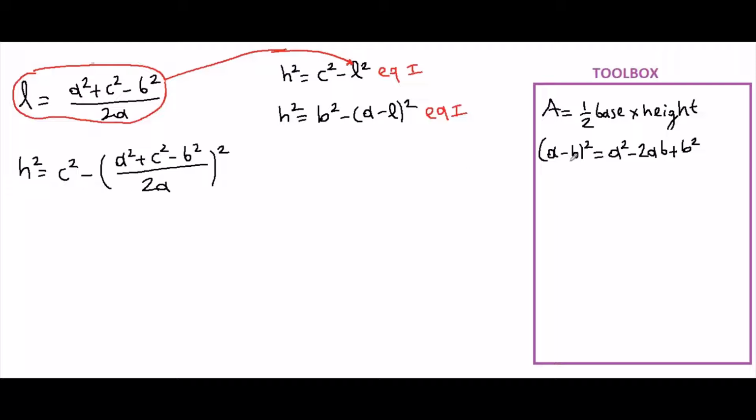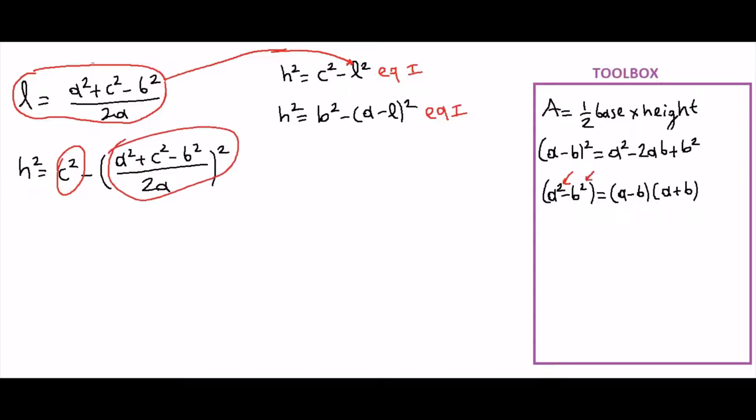This is in the form of a squared minus b squared, the difference of two squares, which we can factor as (a minus b) times (a plus b). So we're going to apply the same here. This is like our a term here, and this is like our b term here.